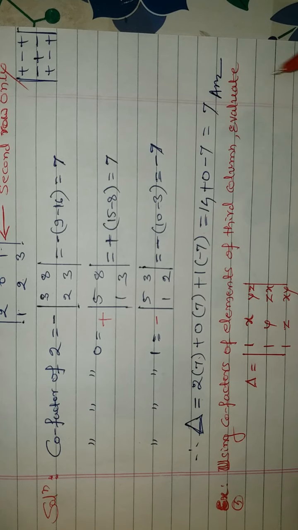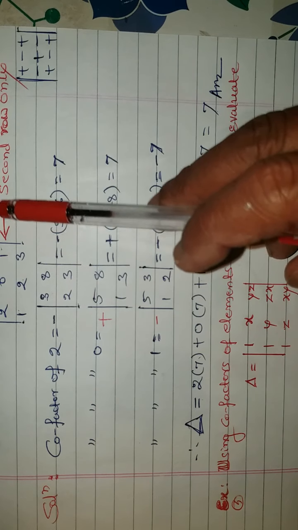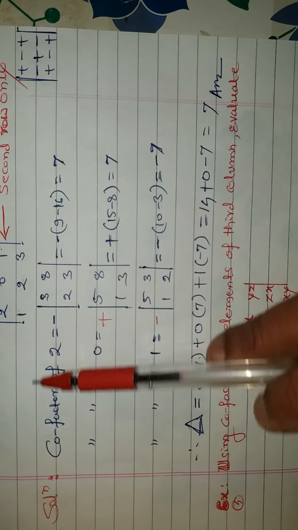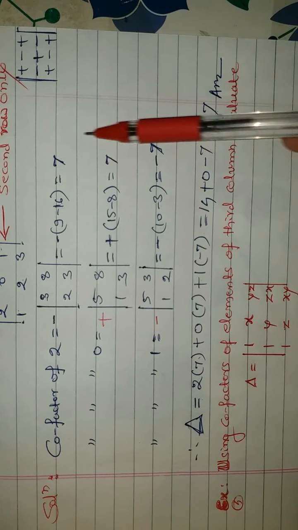This is the third example using cofactors of elements of the second row only, and also evaluating delta. The delta value becomes 7.